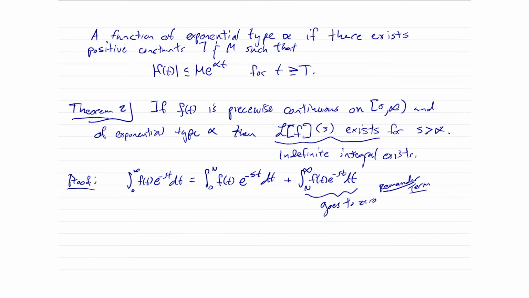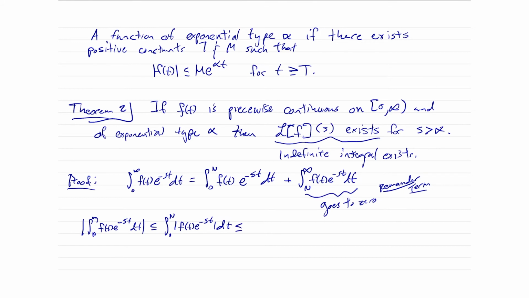Okay, well, it's not too bad. So basically we take a look at the absolute value of the integral from n to infinity of f of t e to the minus st dt, and we can use the fact that moving the absolute value to the inside actually makes something bigger.